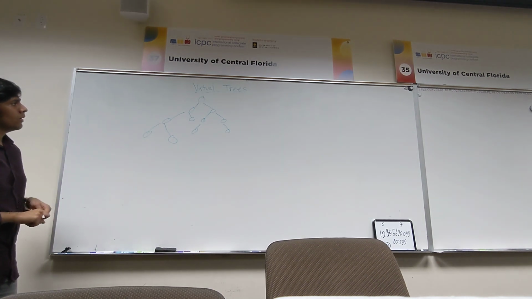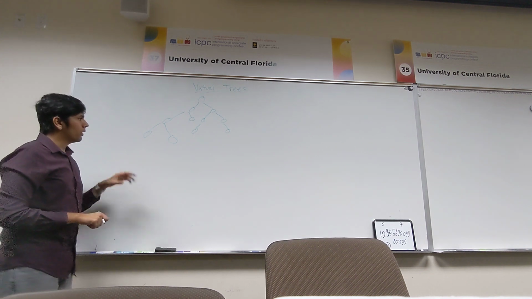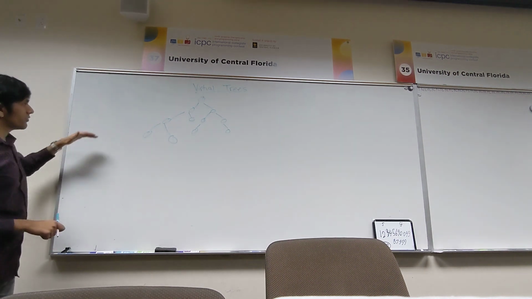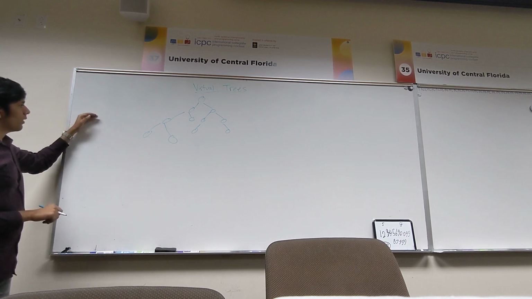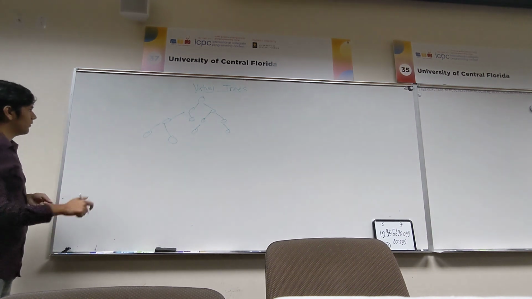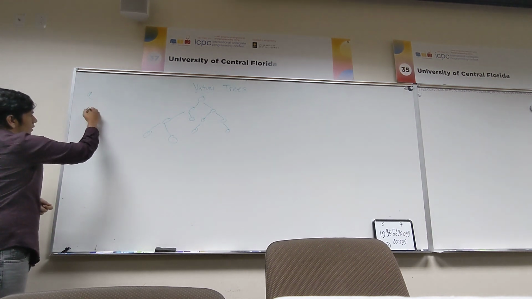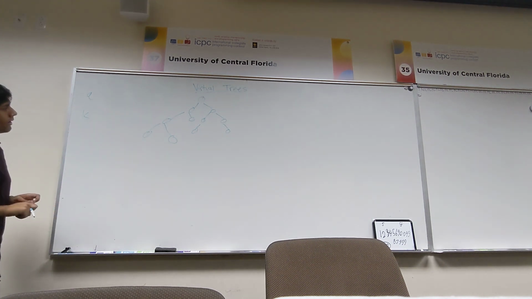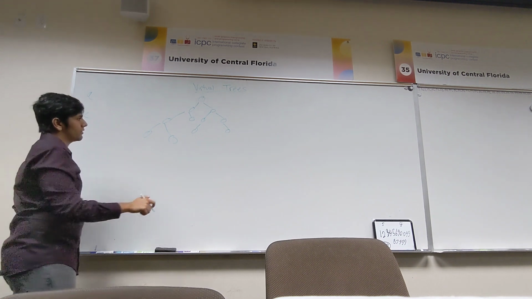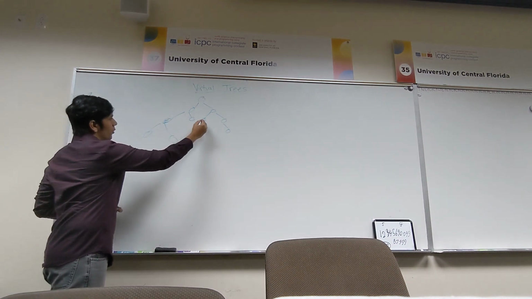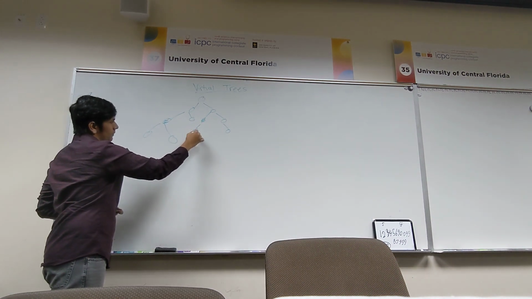In this problem, we're also given a bunch of queries where in each query you're given k nodes. You're given q queries and k nodes in each query, and we mark these nodes as important. So for example, let me just color in the important nodes here.